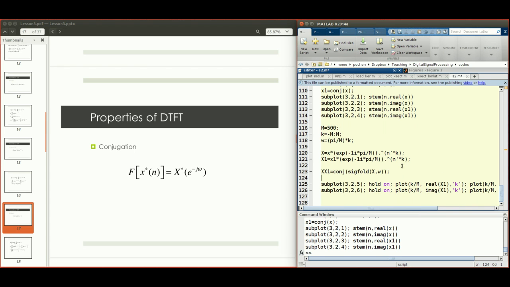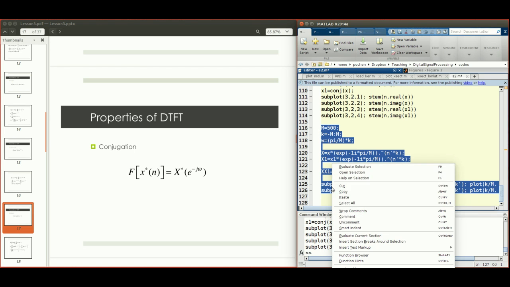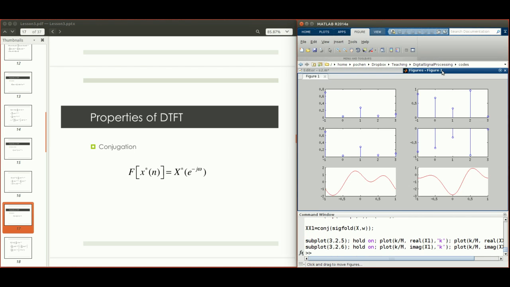So now let's run this part of the code. And you can see the real part and the imaginary part are indeed identical, because you don't see any black lines here. It means that the red line is right on top of the black line.